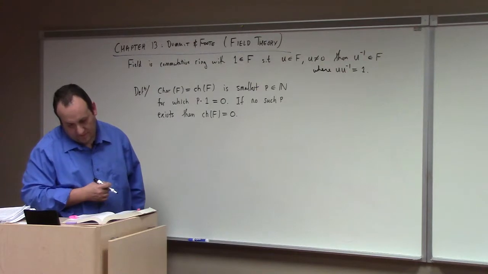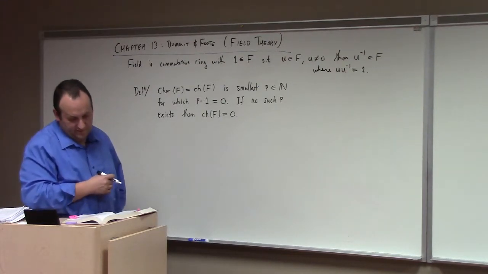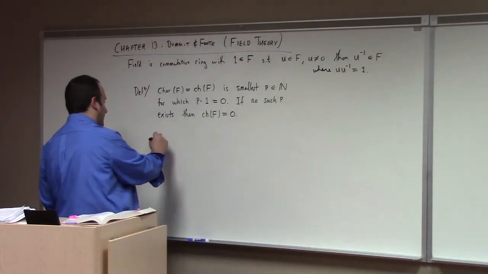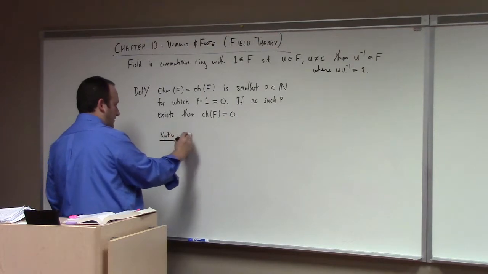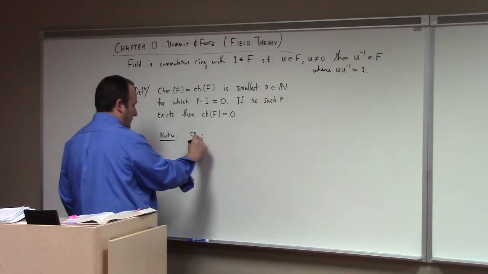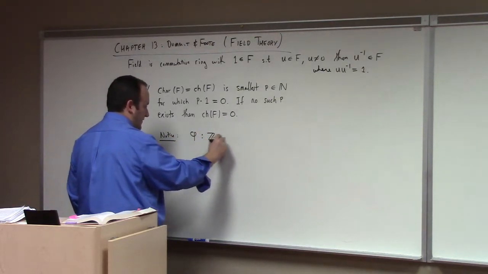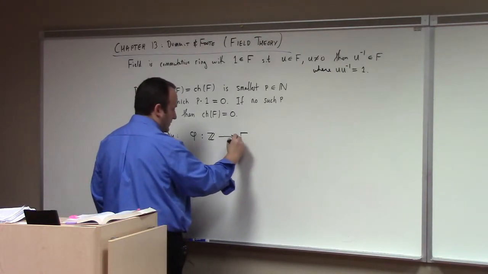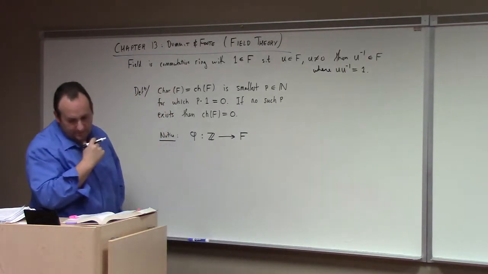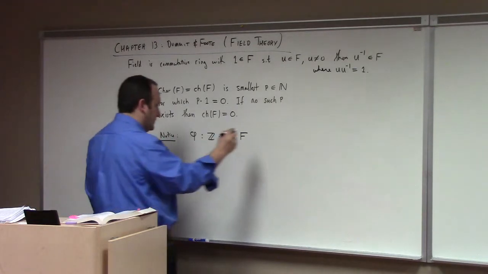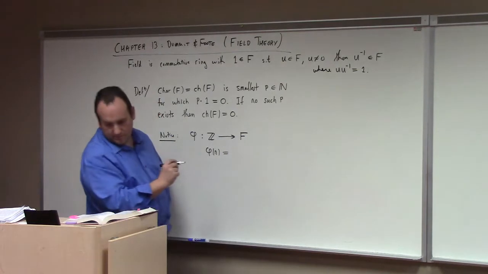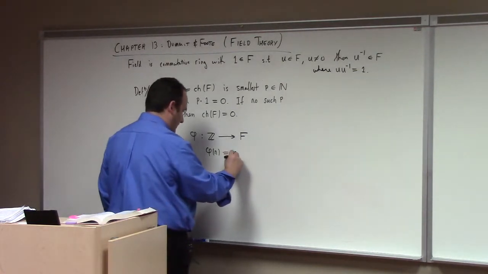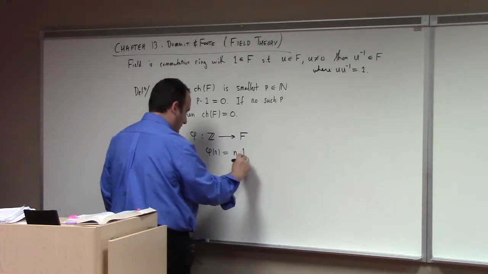So he points out that we always have a natural ring homomorphism, right? We can look at phi going from the integers into the field, and this map is defined by phi of n equals n times the 1 in the field, right?